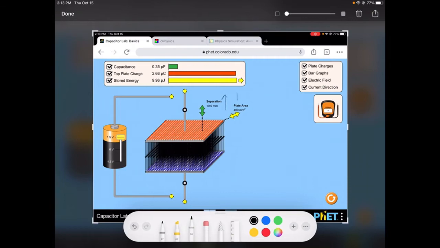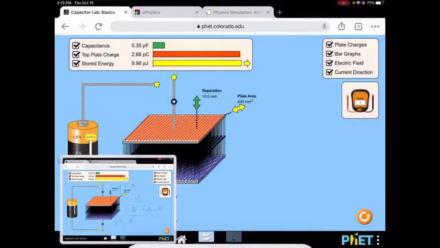Again, I exerted a force over a distance, and recall that work is Fd cosine theta. In this case, force and distance are parallel, so the cosine of 0 is 1. So basically, work is force times distance, and that work gets stored as electrical potential energy. So that's the big idea.